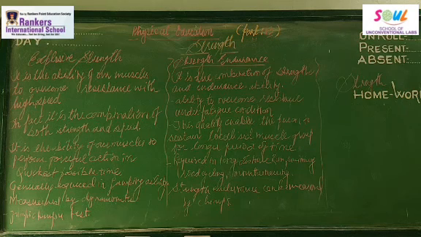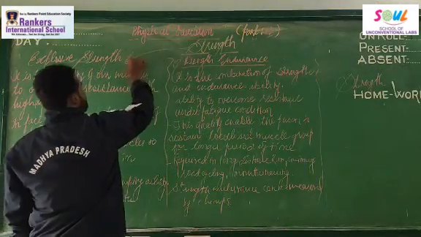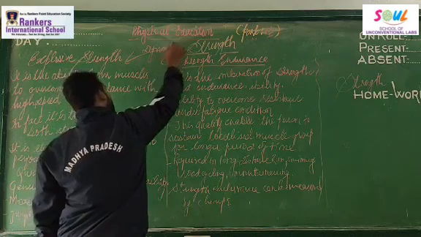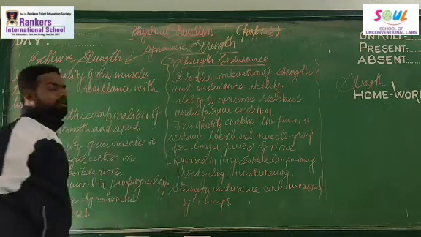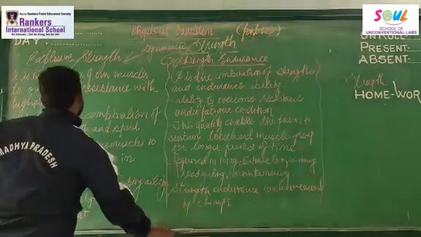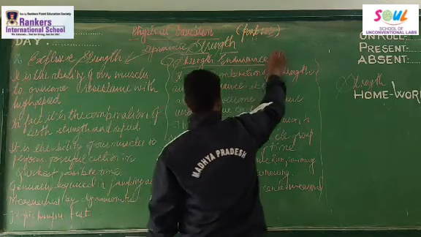So now, dear students, we are going to learn about the other two kinds of strength. These are the types of dynamic strength: type number 2, explosive strength and strength endurance.